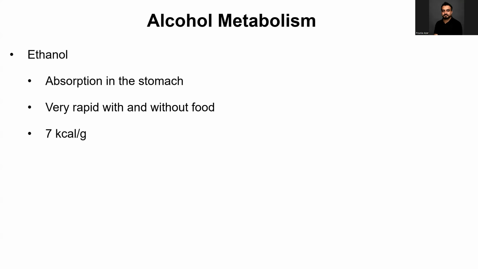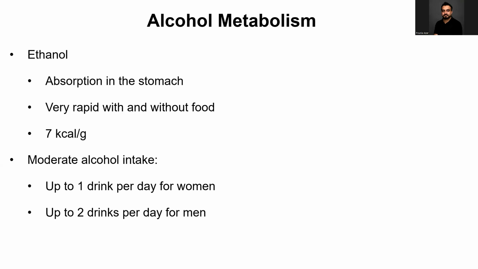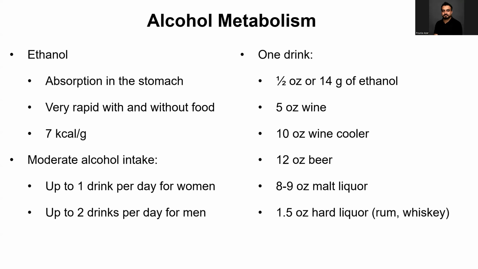We get 7 kilocalories per gram of alcohol, of ethanol. And when we say moderate alcohol intake, it means up to 1 drink per day for women, up to 2 drinks per day for men. And when we say 1 drink or 2 drinks, these are the serving sizes or serving equivalents.